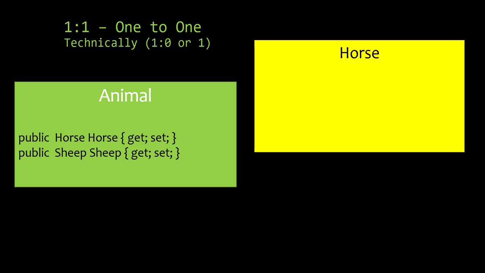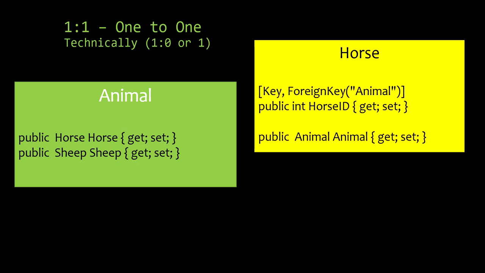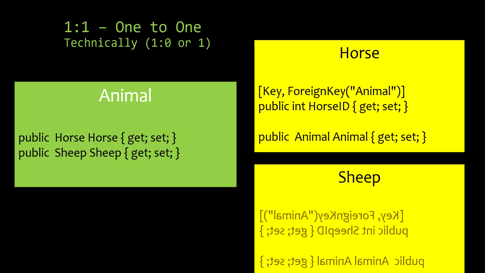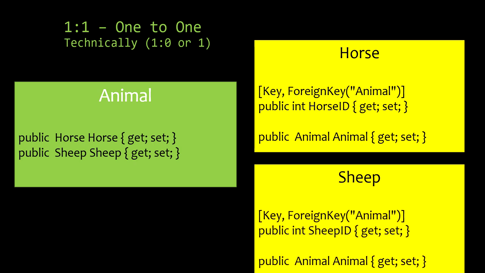But some properties are unique to only, say, horses or only sheep, right? We might use a series of one-to-one relationships, I want to be careful of the word, a bunch of different one-to-one relationships to offload those properties that are unique to a certain type of animal, right?